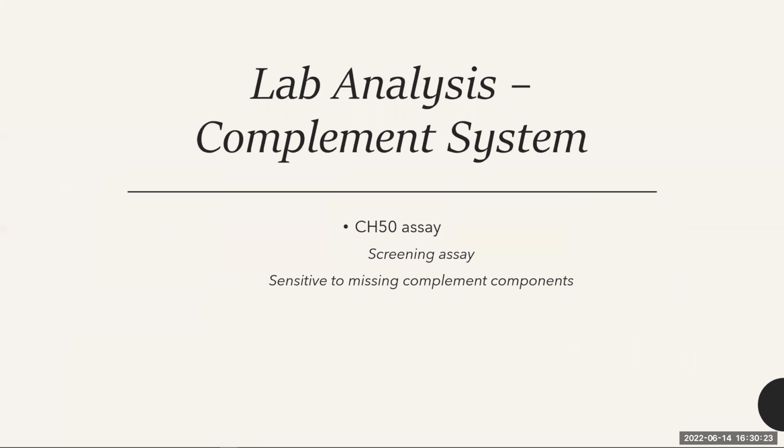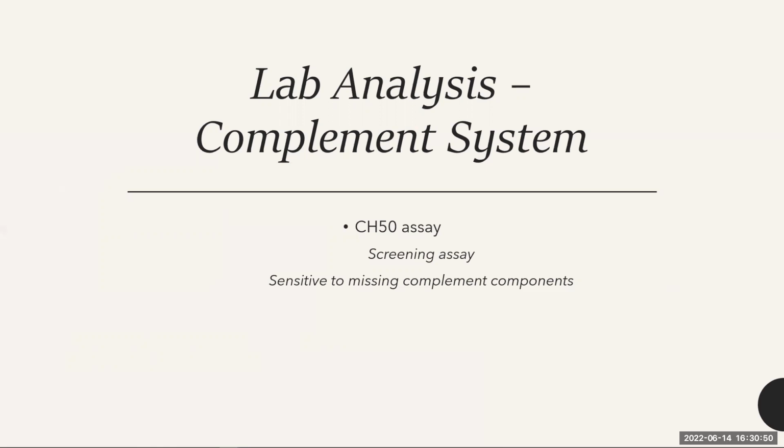Now, the CH50 is a screening assay for the activation of the classical complement pathway. And it is sensitive to the reduction, absence, and or inactivity of any component of the pathway in the complement system.